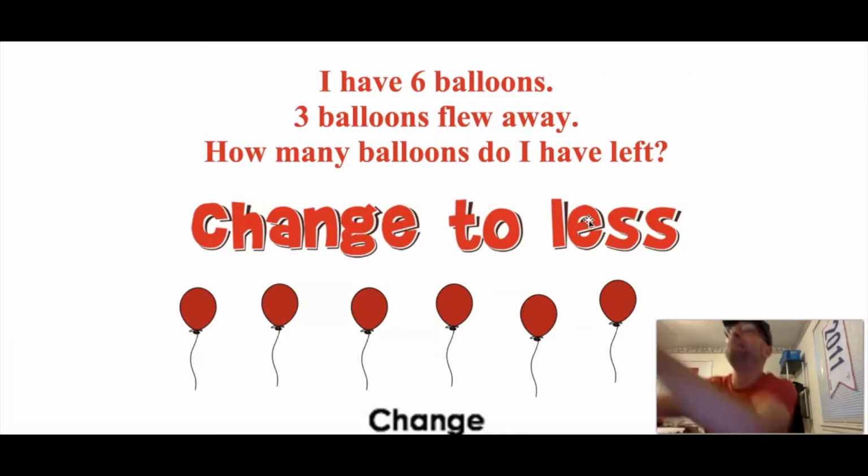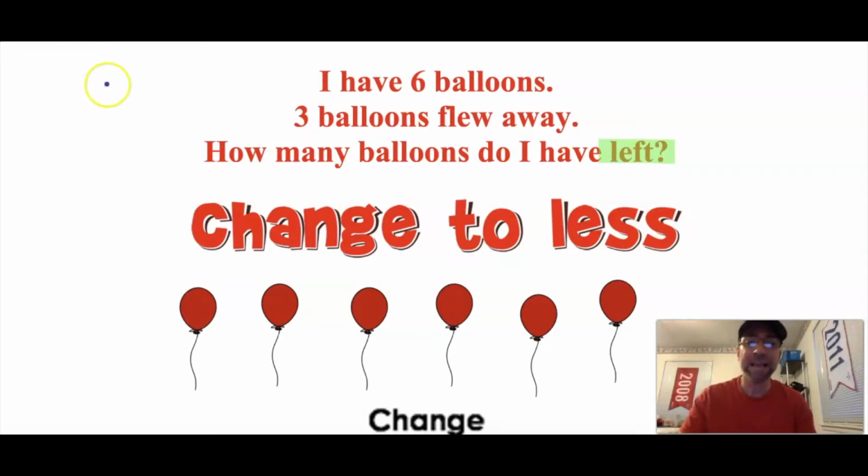Sometimes I might give something away. Sometimes I might lose something. So I am getting an answer that's going to be less than what I started with. This word here, left, is really an important key. When we are asked how much do we have left, chances are this is a change to less number story.